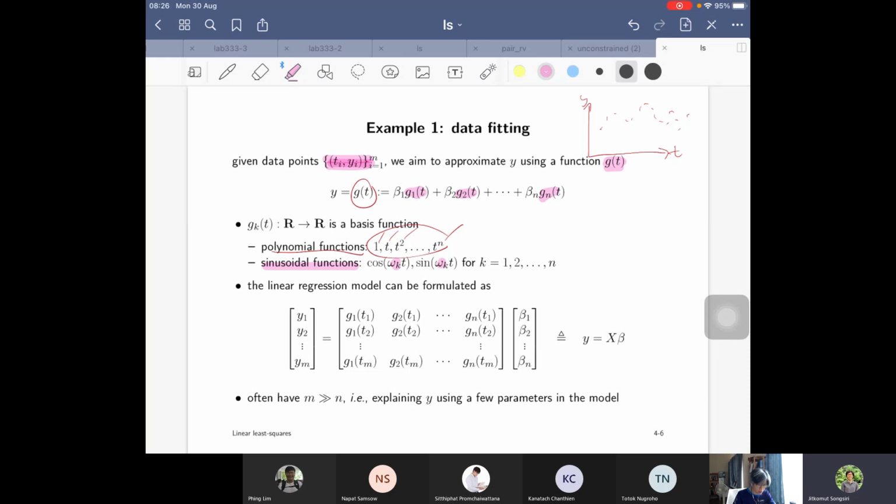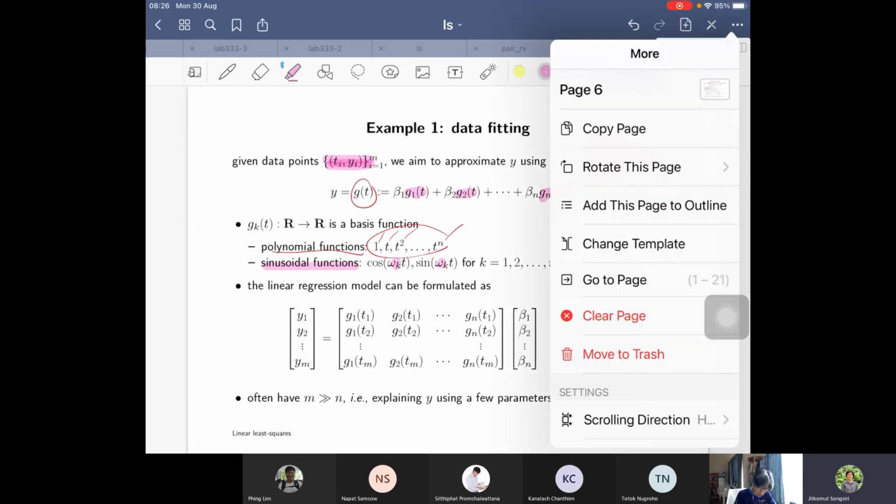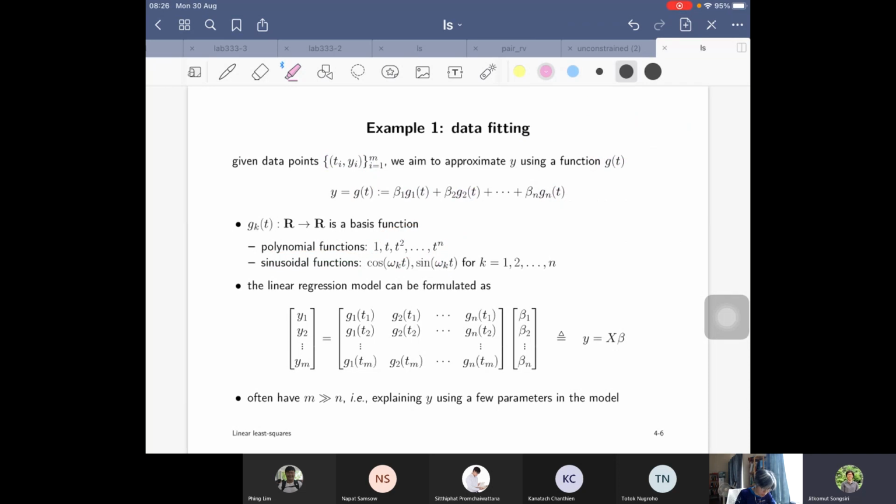And there's going to be a lot more in applications, like wavelet functions and some more. So we leave the choice of basis function arbitrary for now, but let's assume that you have this model, and then you can form a linear regression by this.